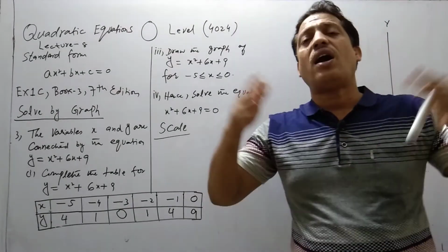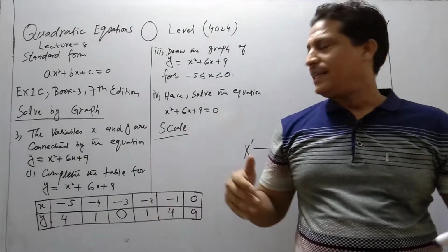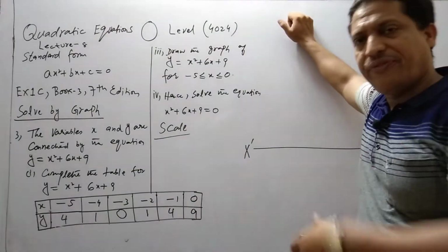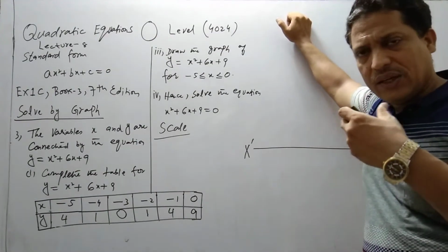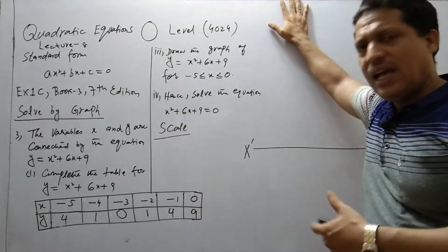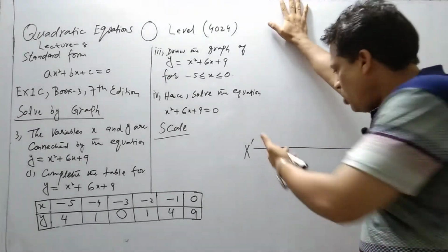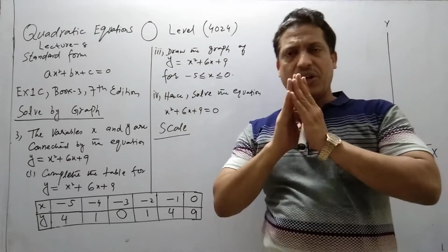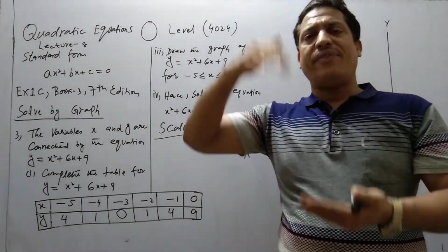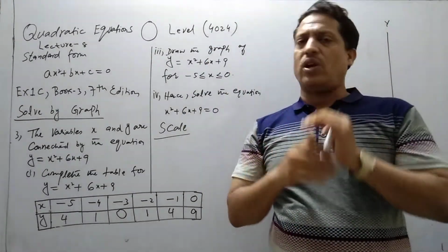Don't take very large values so that your graph cannot fit in your paper. Take values of x and values of y on your graph in order to get a very good graph, not very large and not very small.